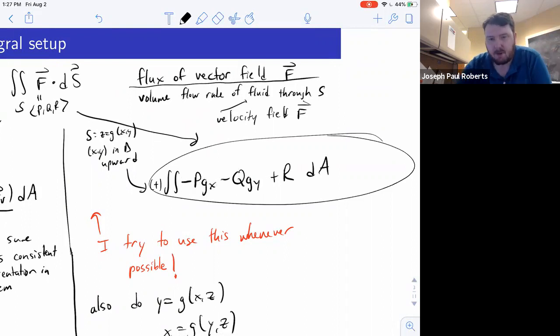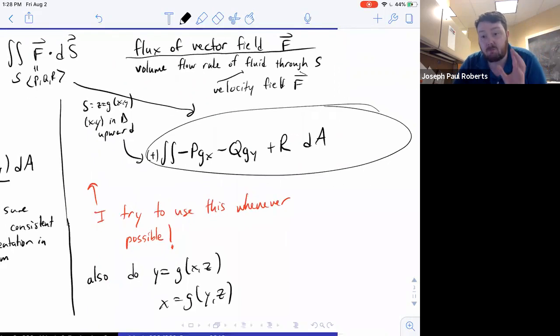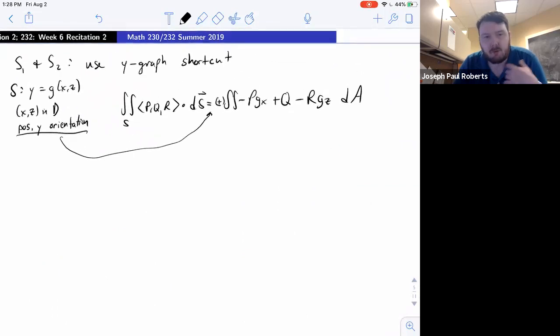So if you practice this, minus P g_x minus Q g_y plus R, get really comfortable with that, then when you switch to Y being special, you're like, okay, Y is the second variable, so the second component Q is by itself. The other two components have a minus, and they have partials with respect to the appropriate variables.